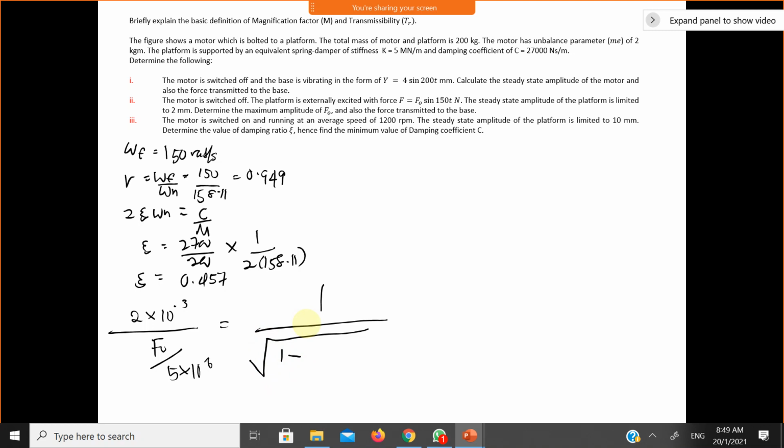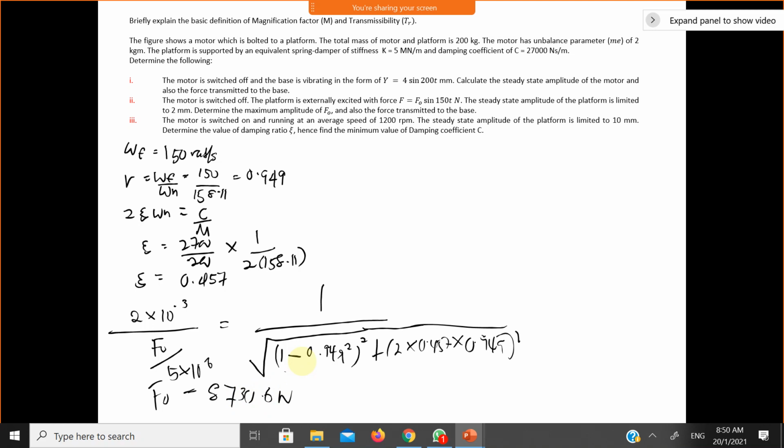R kita adalah 0.949 square tambah 2 darab dengan 0.457 darab dengan 0.949 square. So dari sini kita boleh simplifykan dia, dapatkan nilai F naught, which is the answer is 8730.6 Newton.